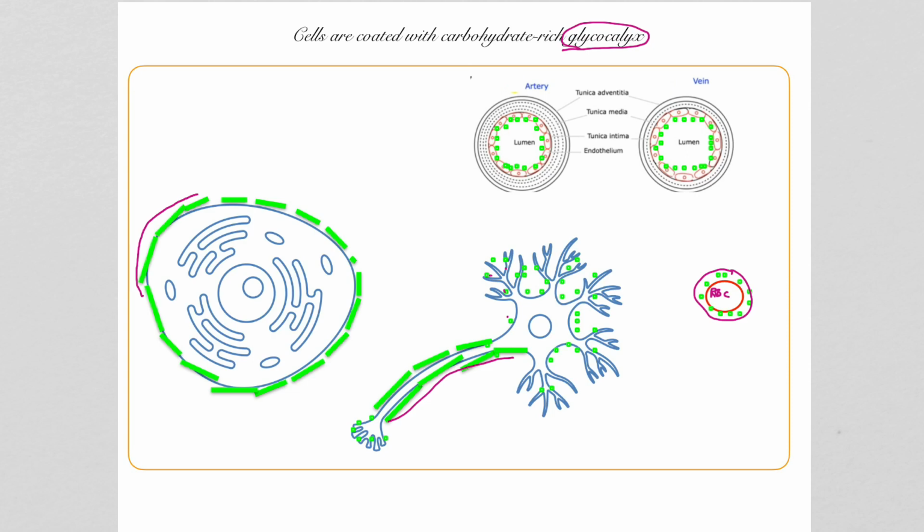Here are endothelial cells that line your blood vessels, your capillaries, and this is your bloodstream. And you can see the green glycocalyx. So clearly this glycocalyx, which is very rich in carbohydrates, is surrounding all types of cells.